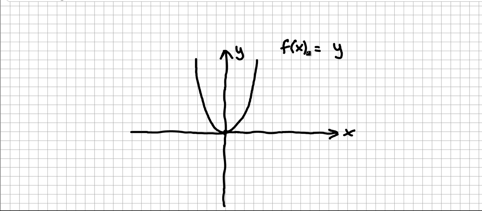So when we say f of x, we mean the y value. So we just have to start somewhere, for example here at the turning point, and then we're just going to go to the right and see how the y value is changing.